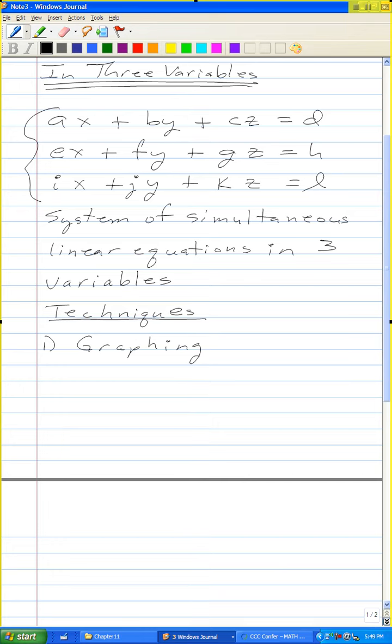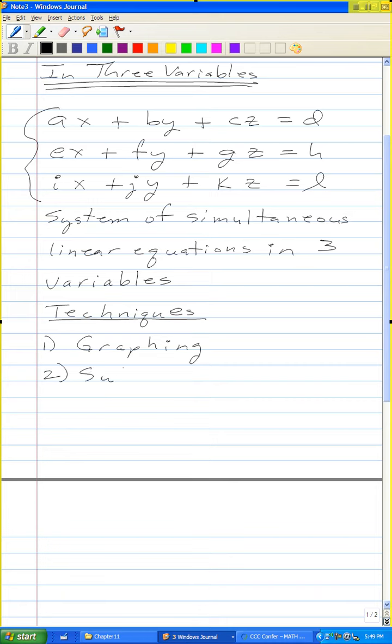So we won't actually be using that technique of graphing, but at least for three variables, I will show you what it means, and that's all I'll do. I'll just say this is what a solution means, but it won't really be a practical technique to actually solve systems.